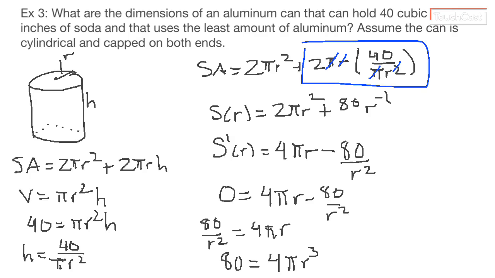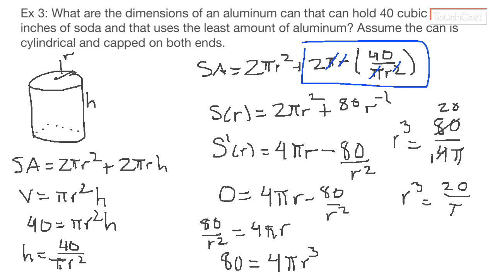So we're going to divide by 4 pi. So r cubed is going to equal 80 divided by 4 pi. And we can simplify 80 and 4. 4 goes into 4 once, and 80 20 times. So r cubed is 20 over pi. To figure out what r would be, we can take the cube root of both sides.